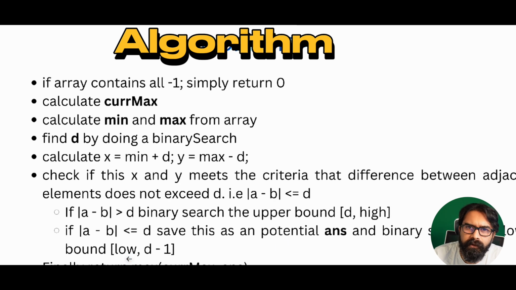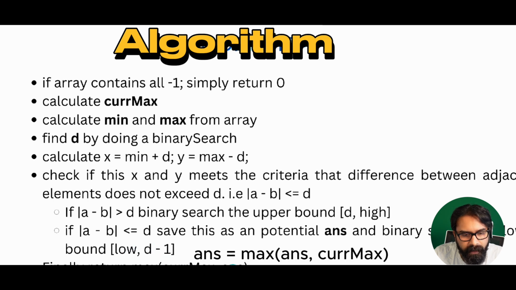Remember, we want to be greedy and try to get the optimal answer for this problem. So in the lower bound between low and D minus 1. Finally, when we have an optimal D, we can return the maximum of answer and current max. We shouldn't forget current max because sometimes current max can be higher than the answer that we have got.